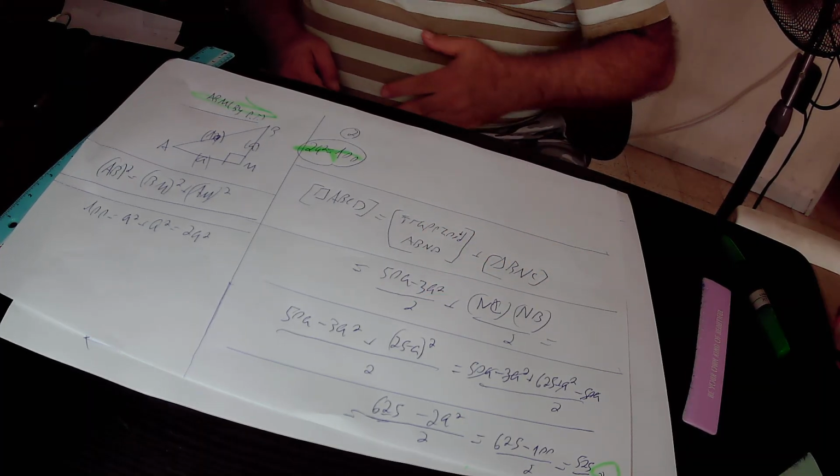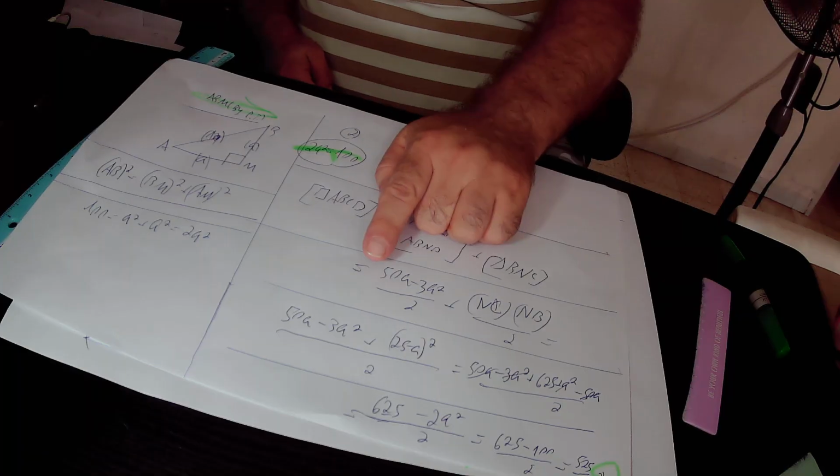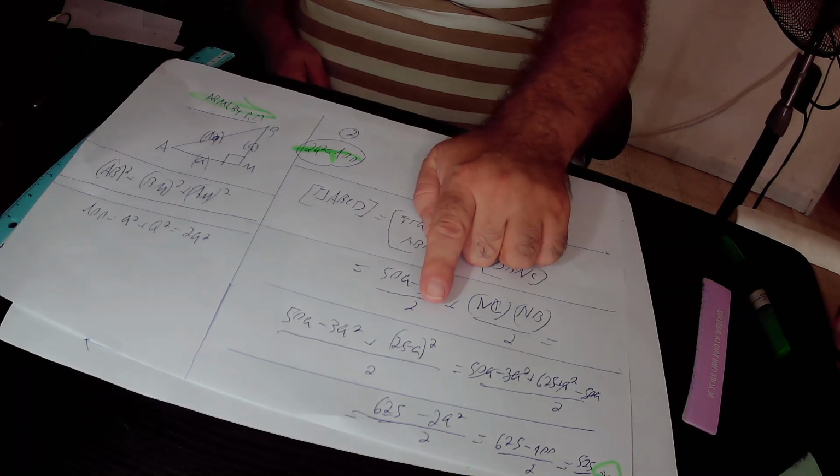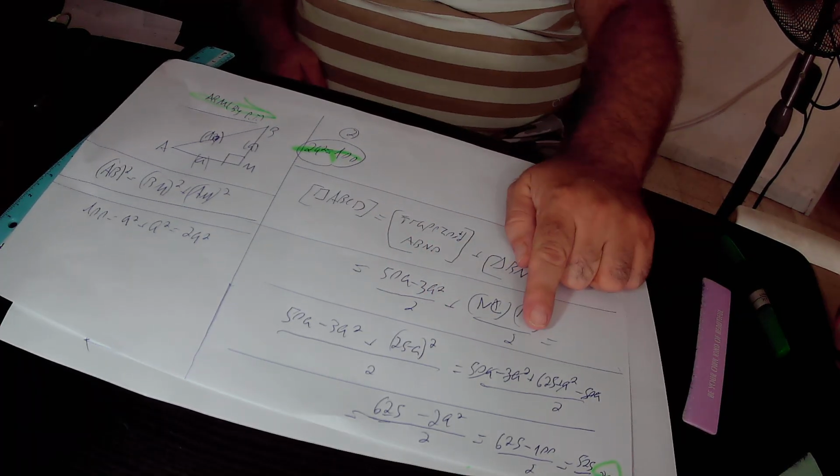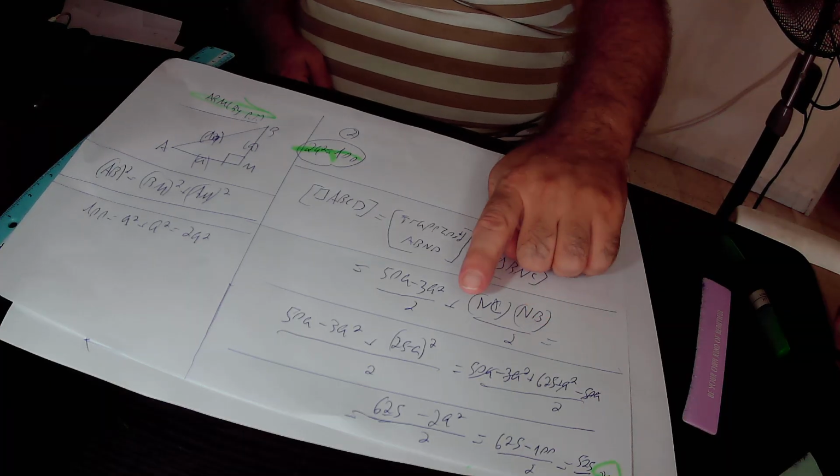So in total, the area of quadrilateral ABCD equals 50A minus 3A squared plus 25 minus A squared, all over 2.